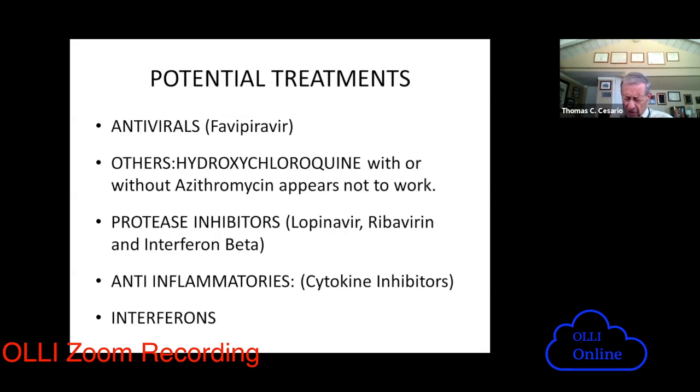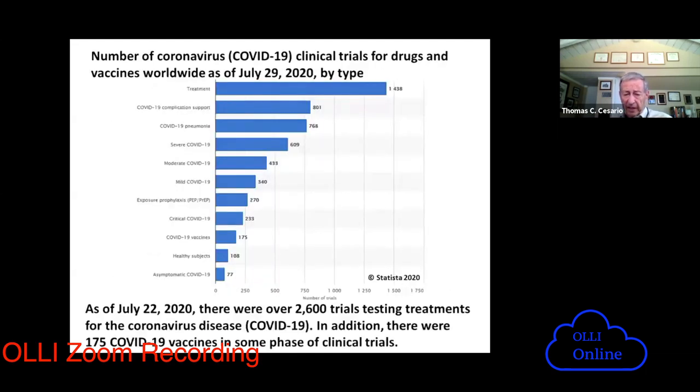That works with cortisone, but it has not worked with other agents so far. And we're trying to do studies with interferons, which are the natural body antiviral substances. So far, we haven't been able to prove that giving them pharmacologically works either. Next slide. So the next slide is going to show you a number of trials that are ongoing.